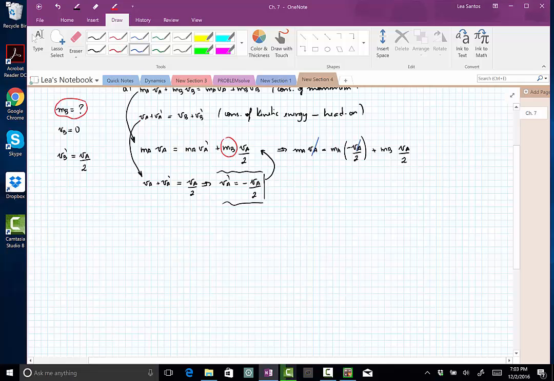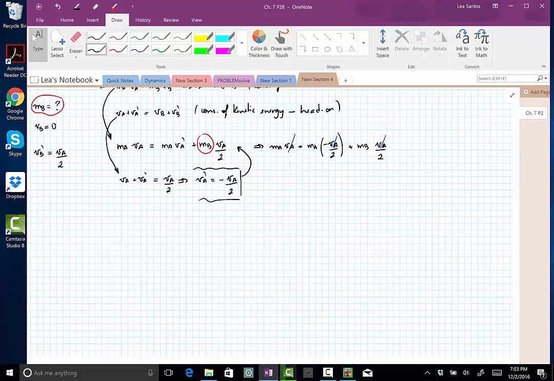And we will now be able to find MB. We have MA times 1 plus half equal to MB divided by 2. And from here we can see that MB is equal to 3 times MA. MA is given to us, so we now know the mass of ball B.